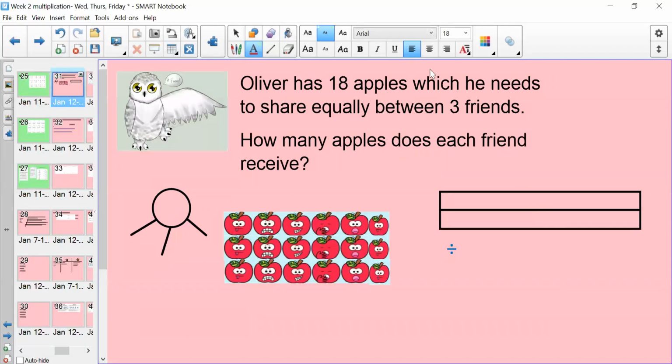To represent that sum in the bar model, write the division sum down, see if you can put it into a part whole model, and then write the answer sentence. Even if you know what the answer is straight away, still try and do all of those other things as well. So pause the video and have a go on a piece of paper at home.